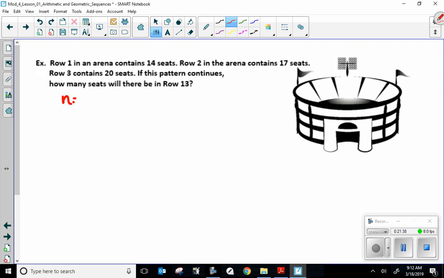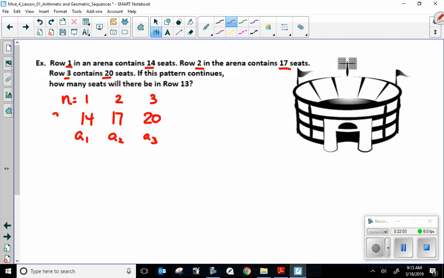When my n is 1, my value for A1 is 14. For row 2, the output A2 is 17. In row 3, my A3, or my output, would be 20.